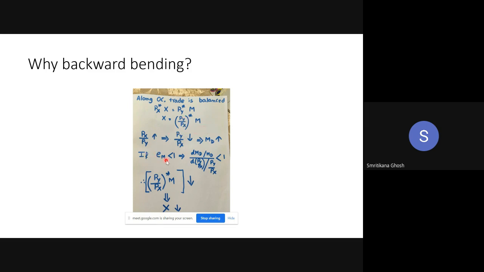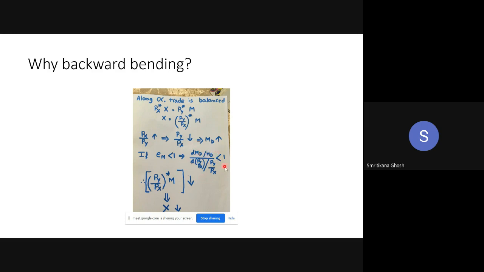So if import is inelastic, inelastic means less than 1. What is import elasticity? Import elasticity is the change in the amount of import divided by the change in the relative price of importable. So it is less than 1, and if it is less than 1, then I can say that the denominator is changing more than the numerator.